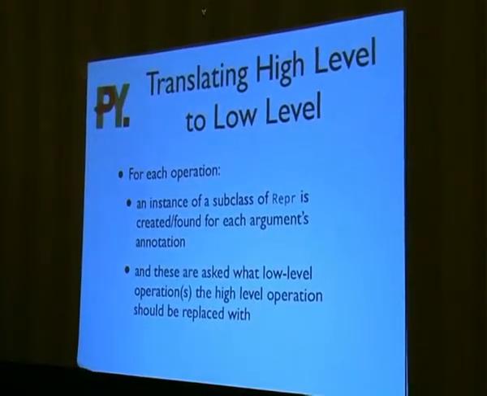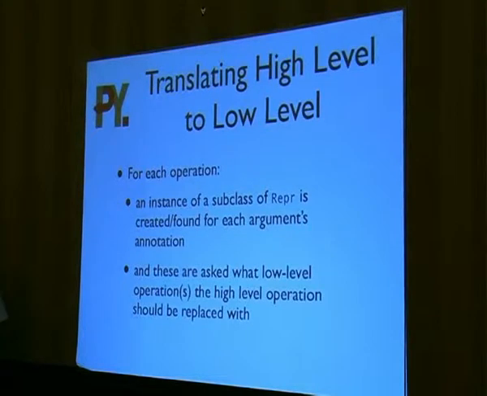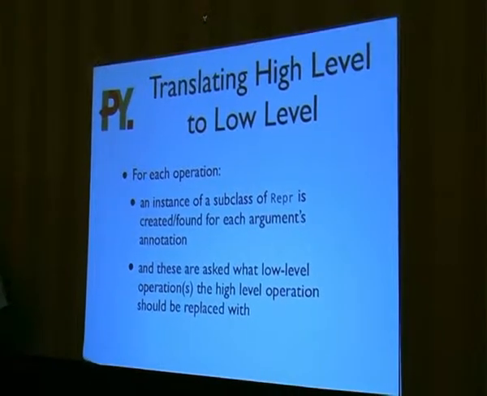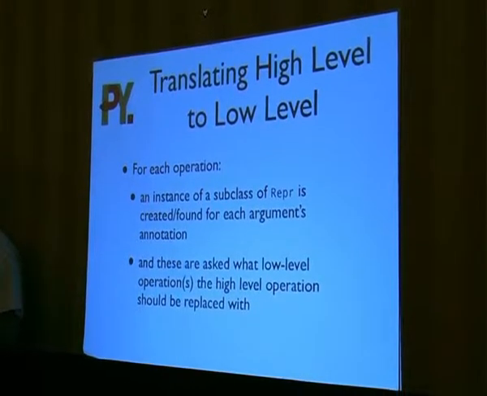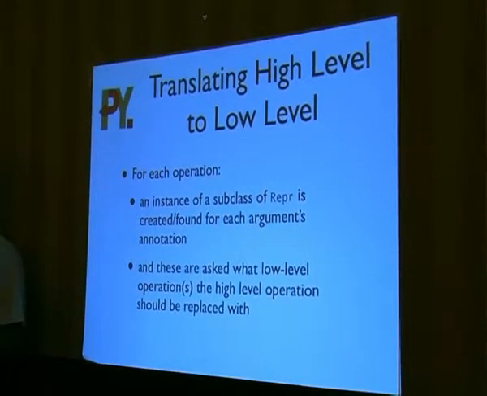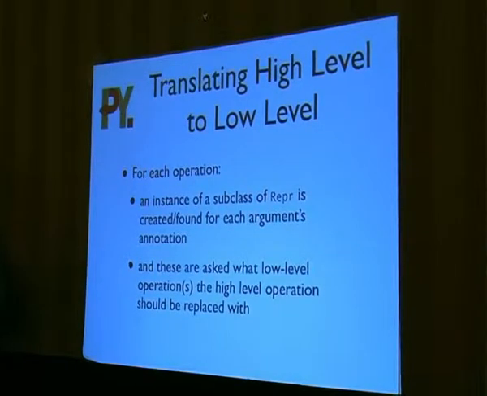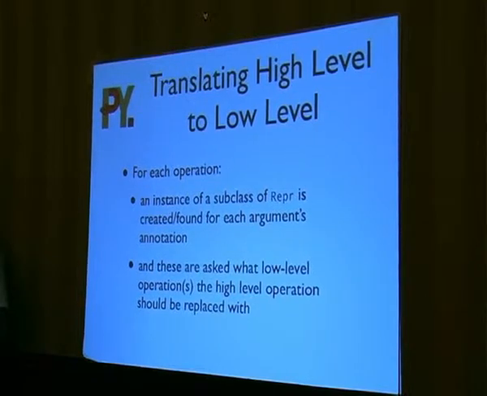So the way this works is, for each operation, we find or create an instance of repr for each argument, or each argument's annotation, pedantically speaking. These are asked, in a sense, which I'm not really going to explain, which low-level operations the high-level operation should be replaced with.